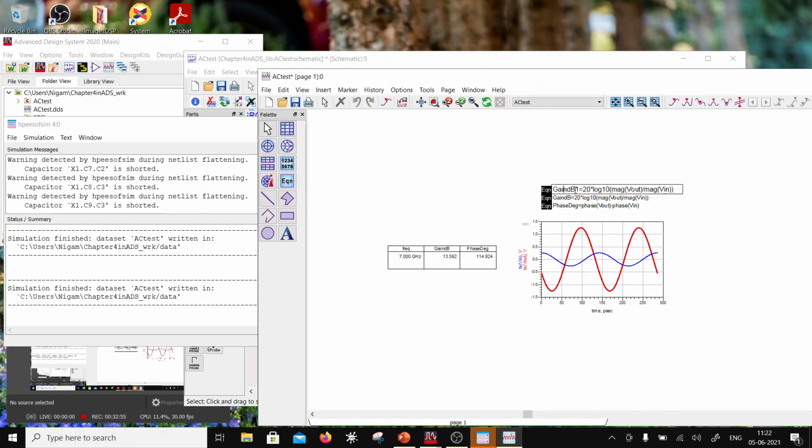So here I will call this G noise dB. Okay, and this is going to be 20 log of V out dot noise. Okay, and V in dot noise.